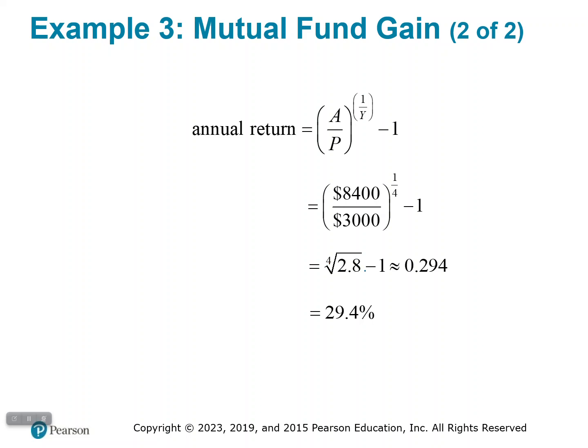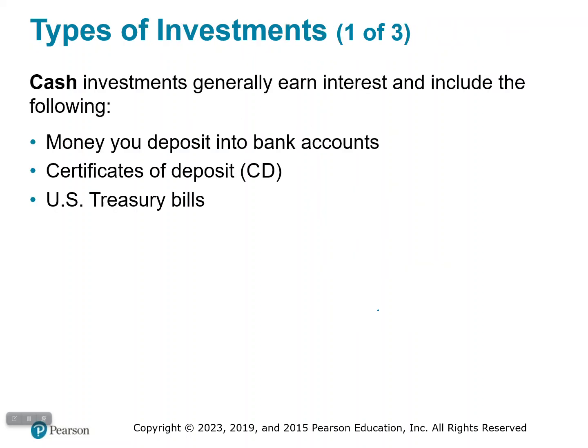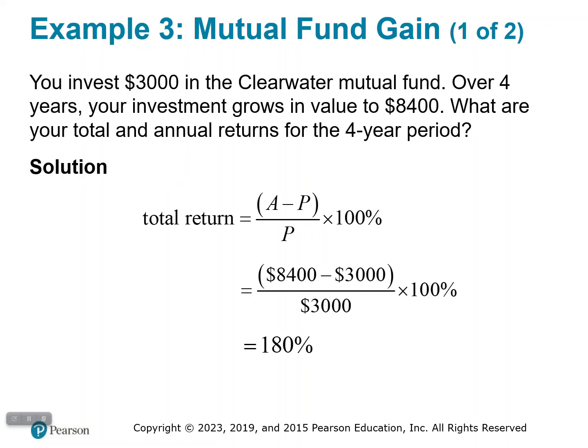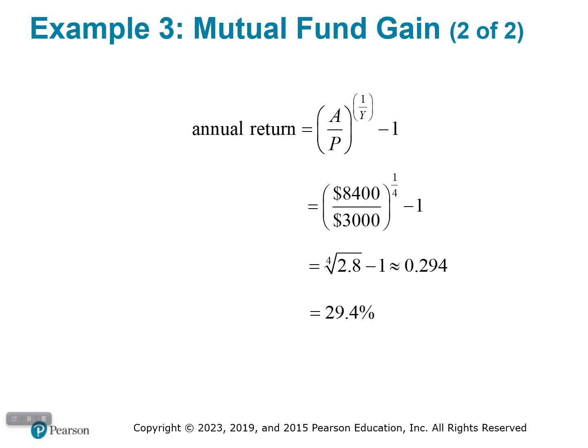So the fourth root of 2.8 minus 1 is 0.294. And that, when we multiply it by 100, is 29.4%. All right, what does this mean? Our total return was 180% of what we invested, and our annual return was 29.4%.